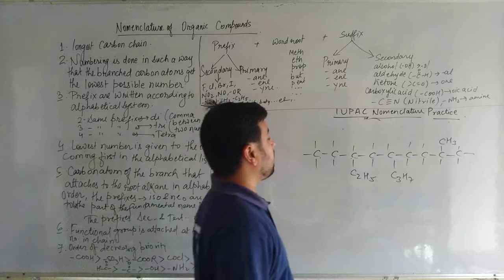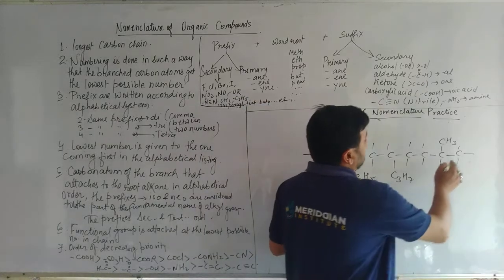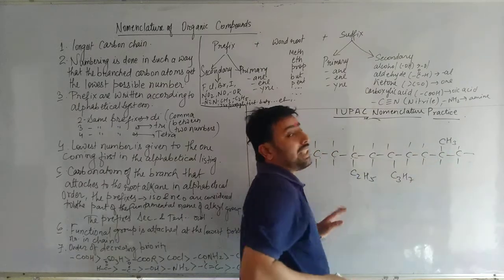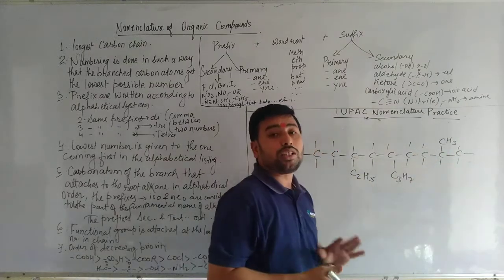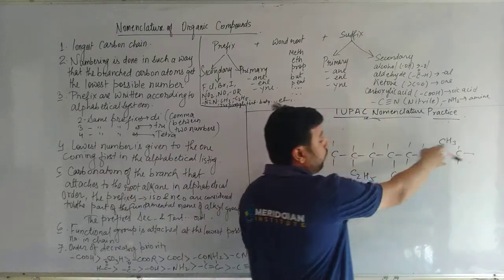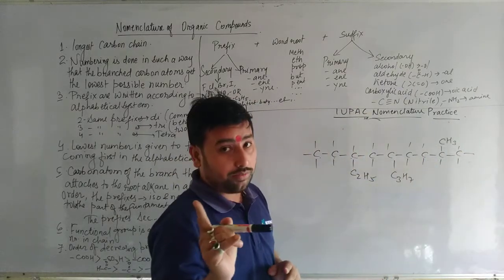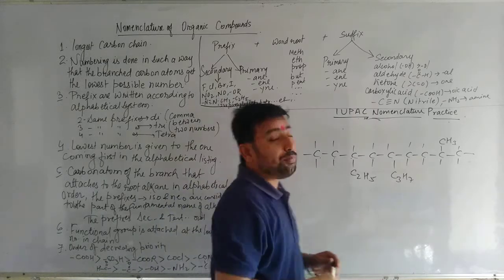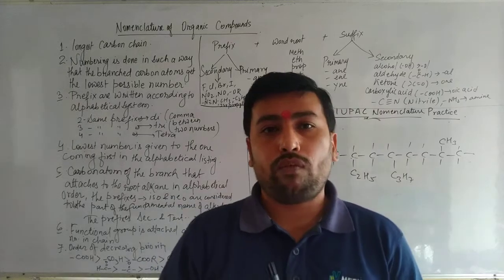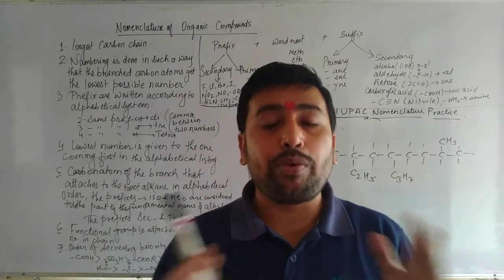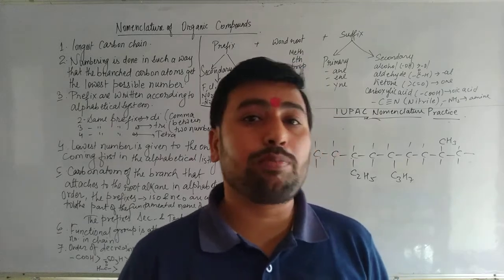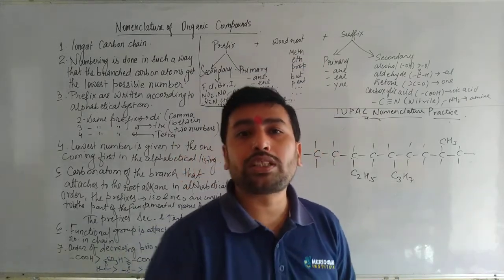So now the question is, should we come from this side or from this side? Because on the second position methyl is there, and on the third position ethyl is there. Now you will say, sir, the nearest branch is methyl only, so we will go from this side. No dear student, we have to remember point number 4: the lowest number is given in such a way that the alphabetical prefixes should get the lowest possible number.